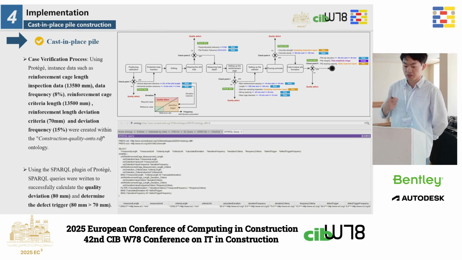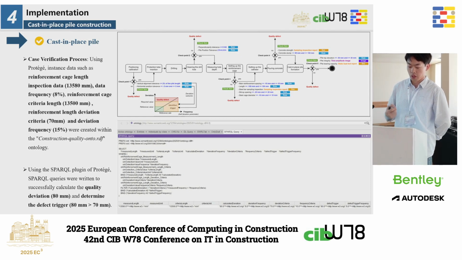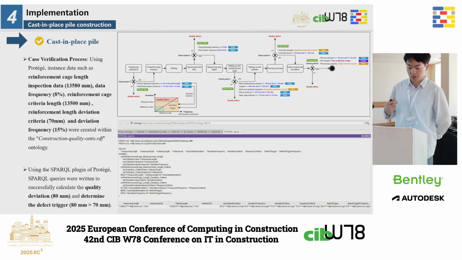Using Protege, instance data such as reinforcement cage length inspection data, data frequency, reinforcement cage criteria length, reinforcement length deviation criteria, and the deviation frequency were created within the construction quality ontology. Using the SPARQL plugin of Protege, SPARQL queries were written to successfully calculate the quality deviation and determine the defect trigger.